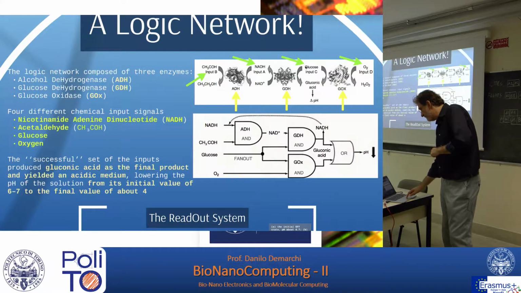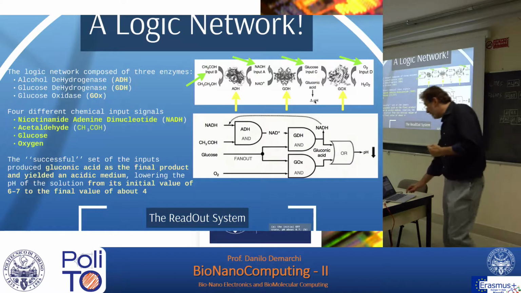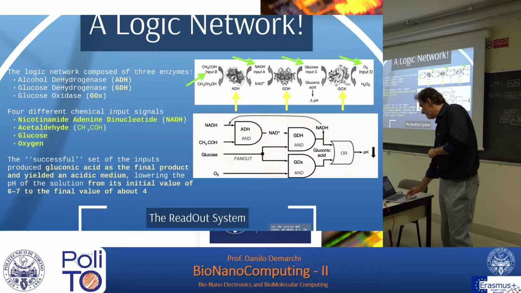If I have glucose, because of GDH, gluconic acid is produced, so the pH is decreased. Or, from the other side, if I have glucose and glucose oxidase, we know that we have a pH decrease, but this is done only if I have oxygen.